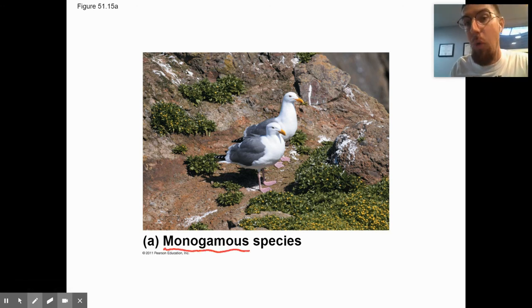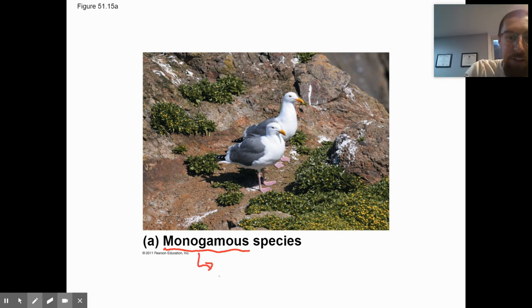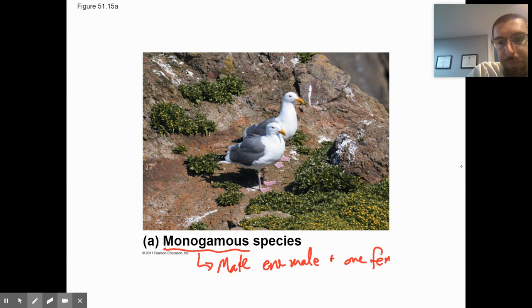Monogamous relationships require parents, both the male and female, to care for offspring, and monogamous species mate repeatedly every reproductive cycle. Okay, so monogamous species in general mate for life, but mate one male and one female.